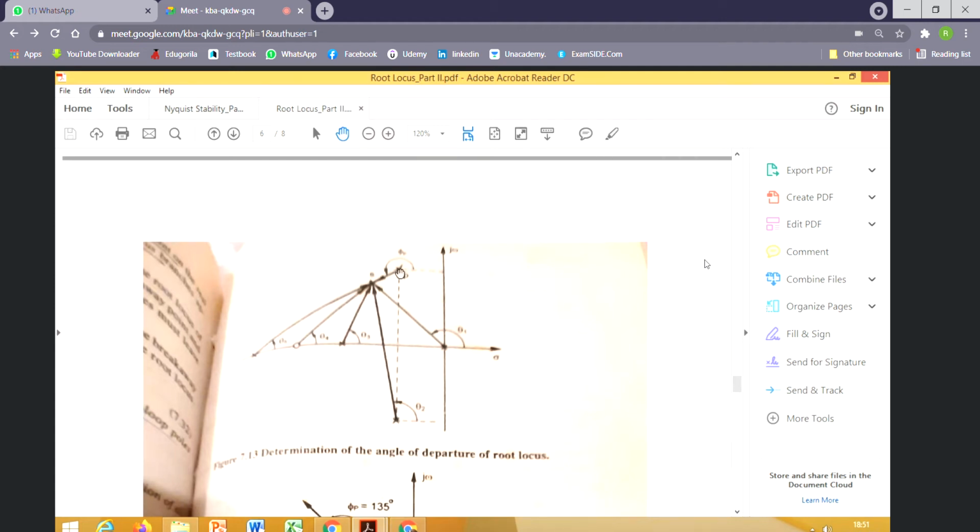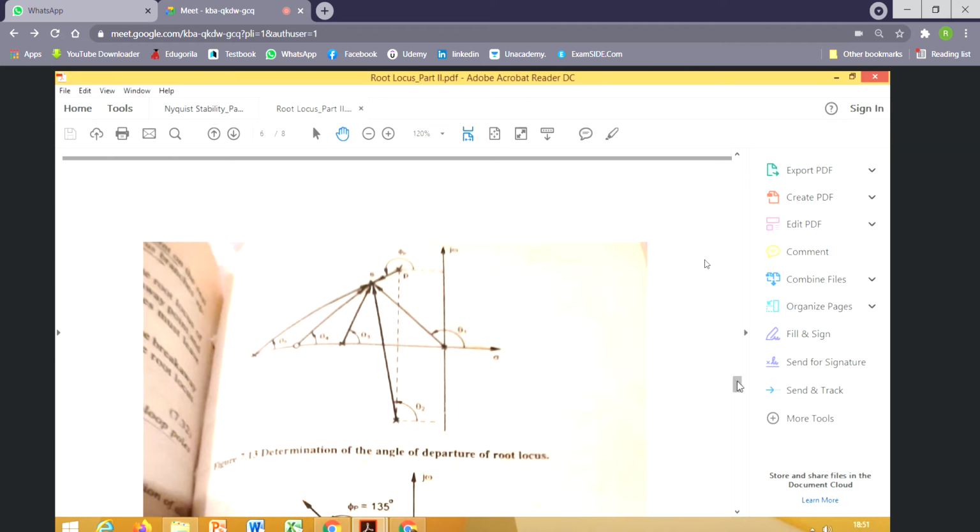So we need to find the angle of departure from complex poles, so that we can guess the initial path of the root branch originating from this complex open loop pole. If we can find the angle of departure from this particular pole, we don't have to compute it for the other because of the symmetry property. We can find the angle of departure of the complex root branch from this open loop pole as well.